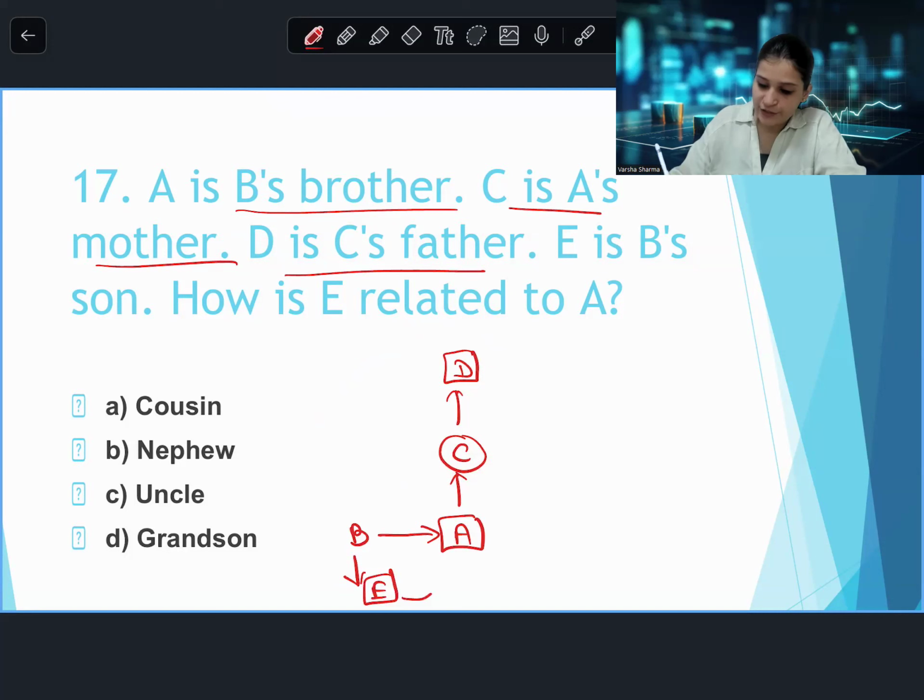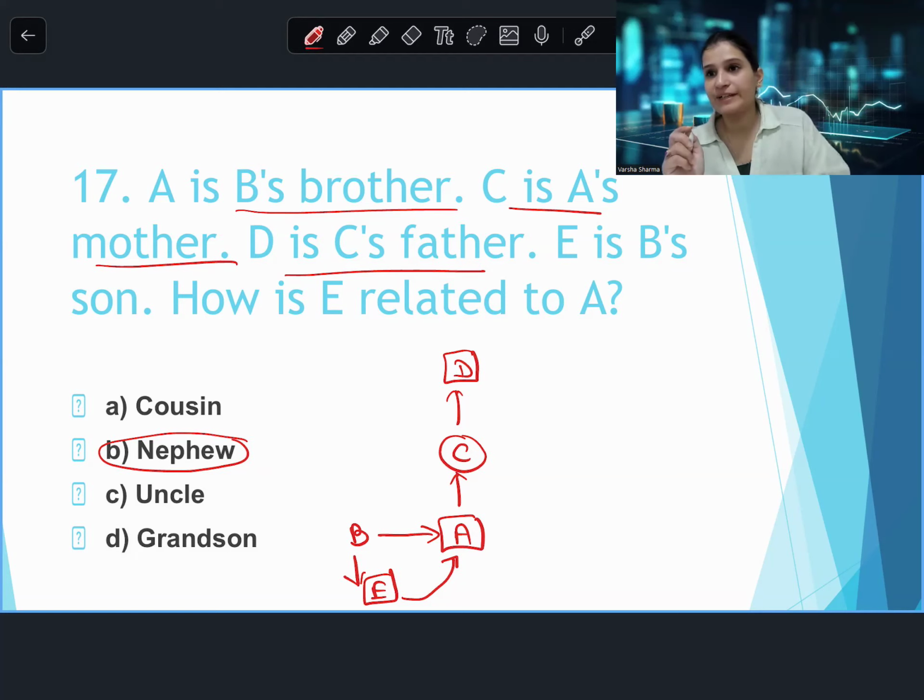How is E related to A? Nephew. E is the son of B and A is the brother. So E is not the son of A, and in the next generation, so uncle, E will be the nephew. Yes? Any doubts till question number 17? No, ma'am.